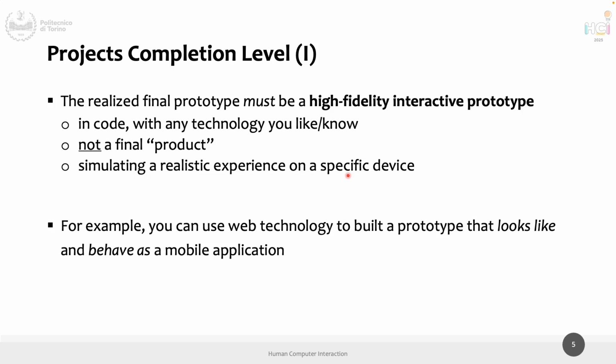Okay, so think carefully. Last time you said that every assignment can be changed, not the third one. Every result of the assignment can be changed, but of course, if you start saying I want to do a mobile application for students in the gym, it cannot become, no, I'm changing my mind at assignment 5, no, this is a web application for other things. So there are decisions you make, and these decisions are like final.